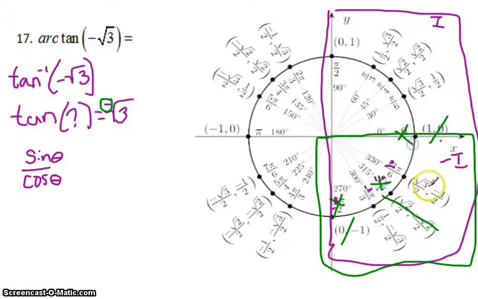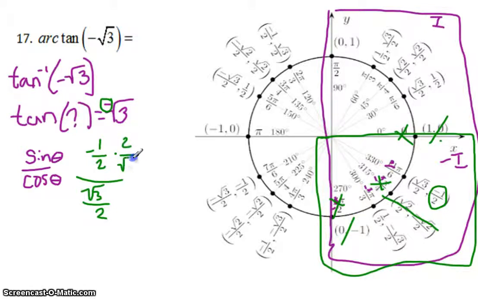So now I only have two other choices, a 50-50 shot. Yes, you could guess and have a 50% chance of getting it wrong, or you can just do the math. So here I'm going to take my y first. Y is on top. Negative 1/2 divided by the square root of 3 over 2. So what that means is I'm going to take the second fraction and flip it.